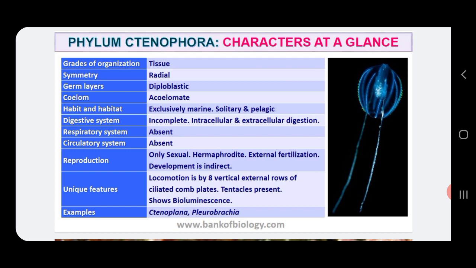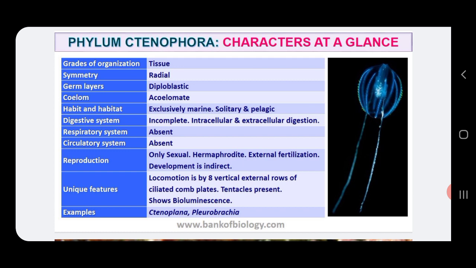An example for this is Beroe. And members belonging to Ctenophora have an aboral sense organ called statocyst, which is used for equilibrium, and it is one of the characteristic features of this phylum Ctenophora. Then this is phylum Ctenophora at a glance.